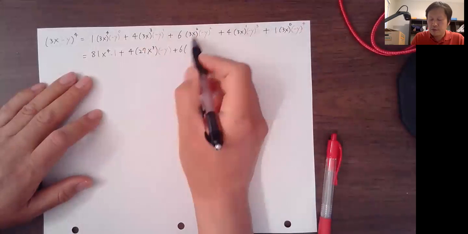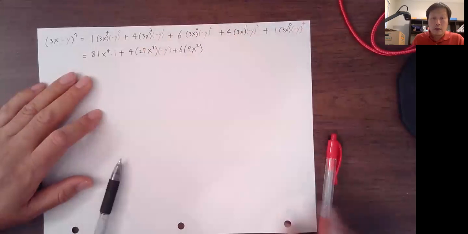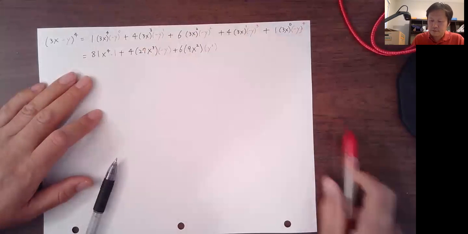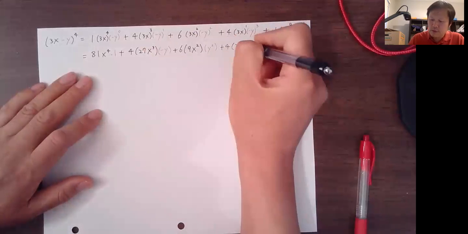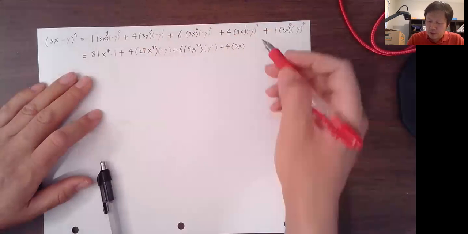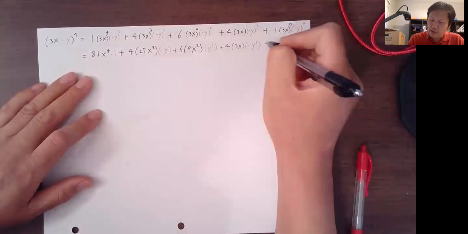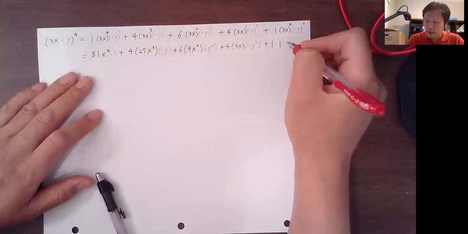Plus 6 times 3 squared, 9x squared, and minus to the second power, minus disappears. Plus 4x, minus to the third power, minus does survive. Plus 1 times 1 times minus to the fourth power, minus disappears.